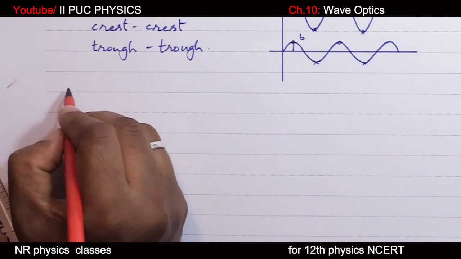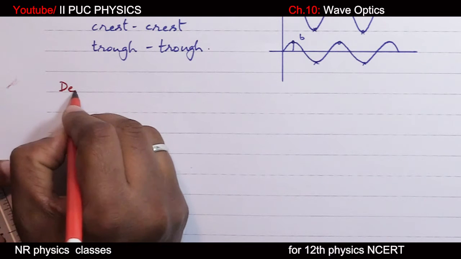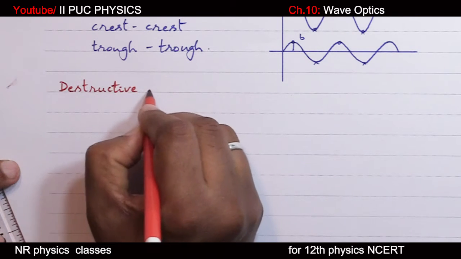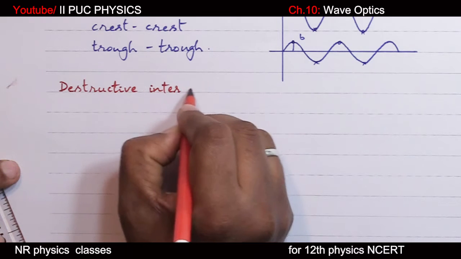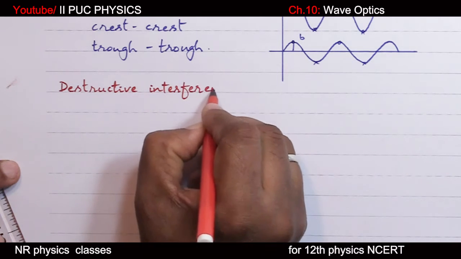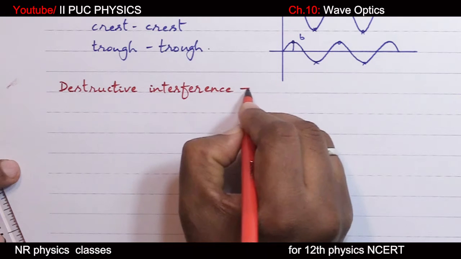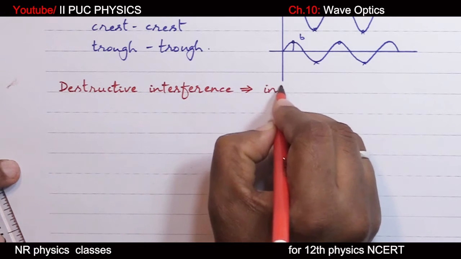Now for destructive interference, intensity should be minimum.